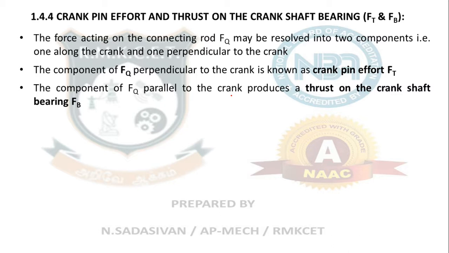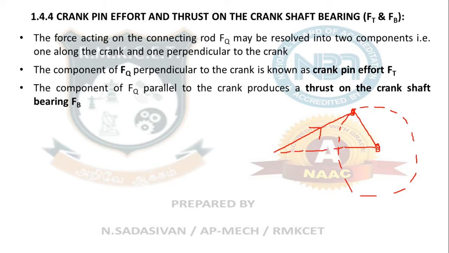Let's forget all other parts of the engine. I just have a connecting rod and some force is acting on it. There is a pin here, the big end of the connecting rod, which is connected to a crank. This crank is connected to a crankshaft. Let us say this is the path traced by your crank, the crank circle, for the entire 360 degrees, and this is your reciprocation axis.